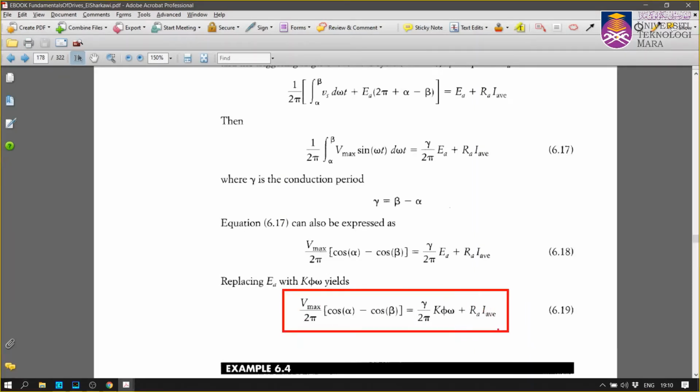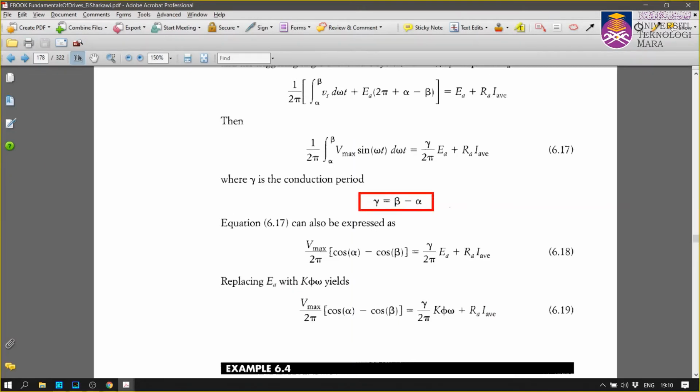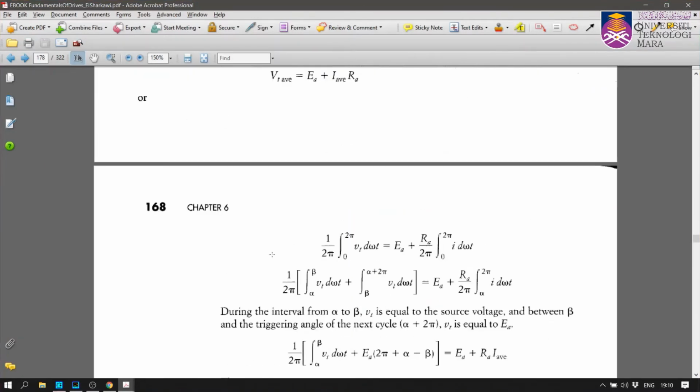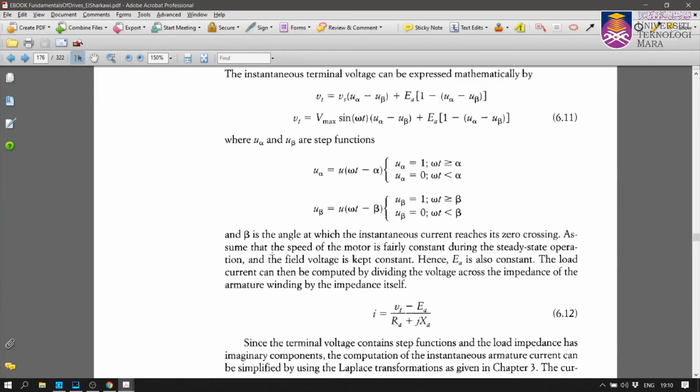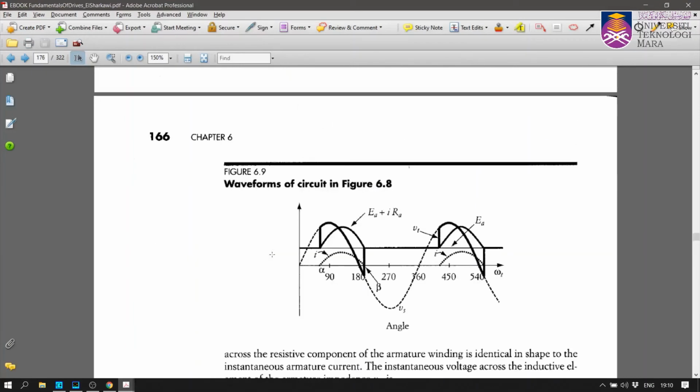Right, Vmax over 2 pi cos alpha. So this is called gamma. Gamma is the conduction period. Yeah? The conduction period describes from there to there. Beta minus alpha.